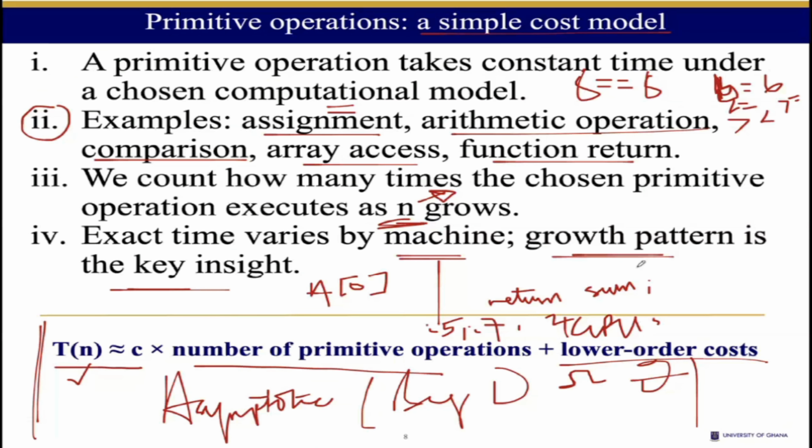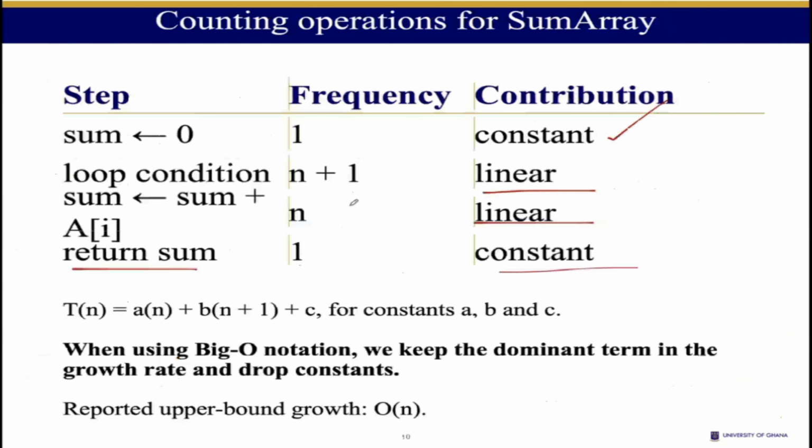So if you observe here, I said that we count how many times the chosen primitive operation executes. And that is what I'm doing here in this table. I'm counting how many times they're executing. The loop is executing n plus 1 times. The calculation, sum equals sum plus array at i, is going to execute n times. Then the return will always return 1, because it's constant. After the sum has been calculated, it will return it. So in this case, the function becomes a times n plus b times n plus 1 plus c.